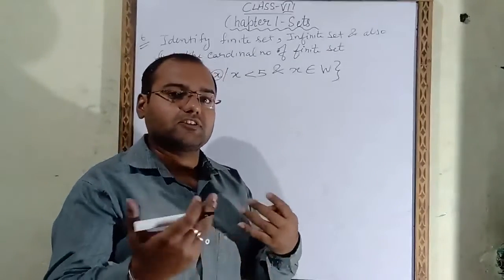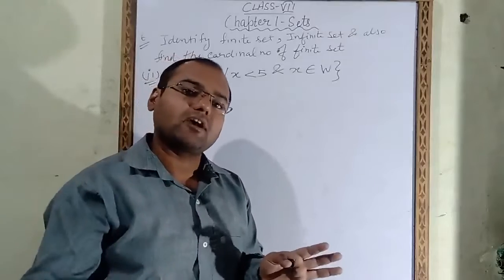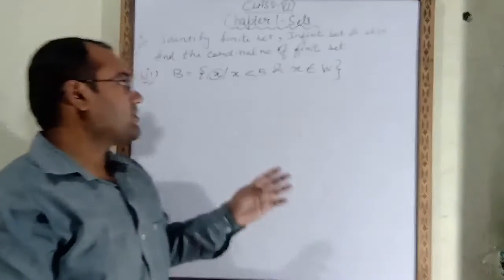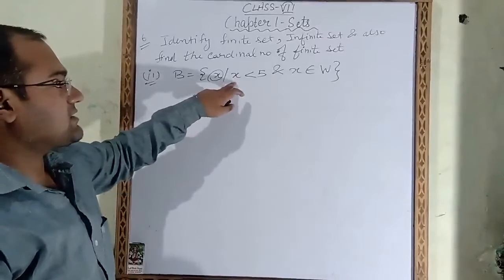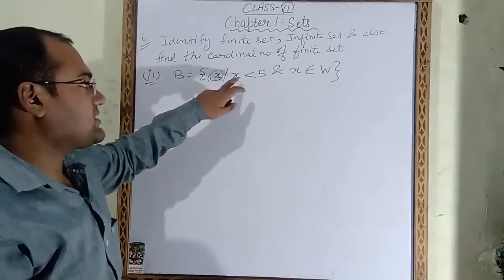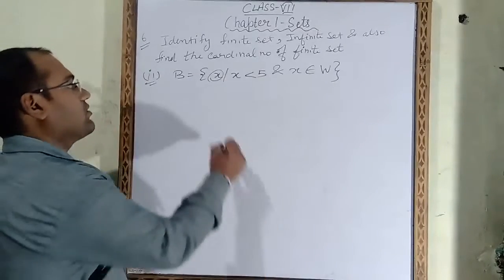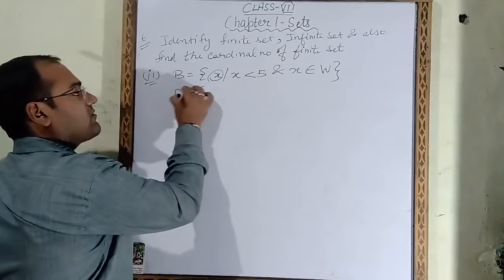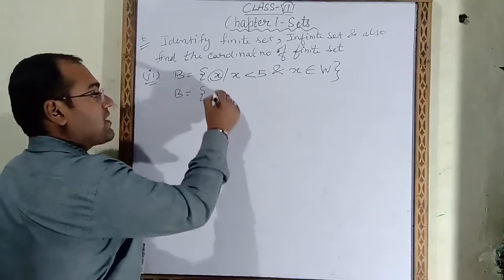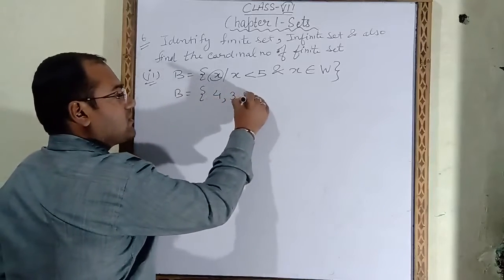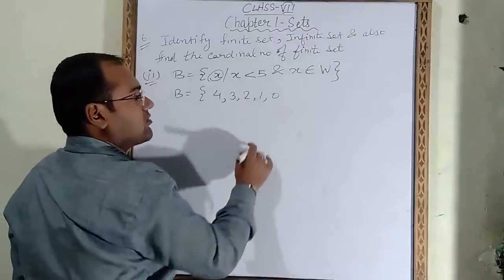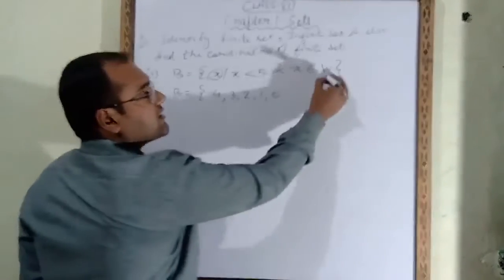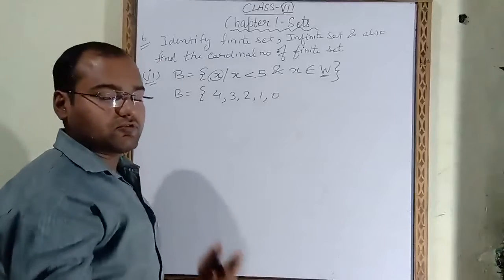That means we can take 0, 1, 2, 3, any value after 0. Here it is written x is less than 5. So in set B we have to write numbers less than 5. Less than 5 means 4, 3, 2, 1, 0. After that we will not take, because here it is written whole number, that means we have to start from 0.